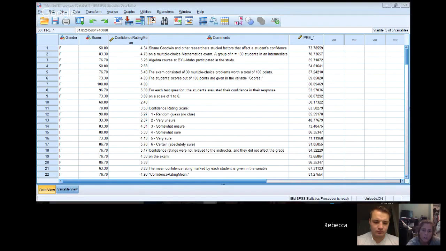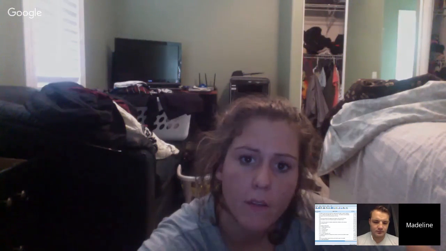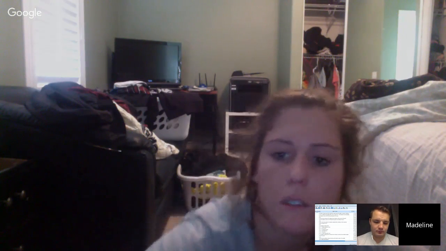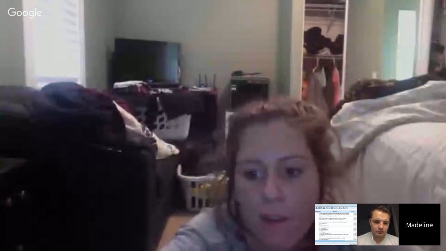Yeah, there's the regular scatter plot. Move the variable representing your residuals to the y-axis box and the variable representing the independent to the x-axis. Yeah, and that's the confidence rating. Oh yeah, so when I put that in, I get a straight complete line too.